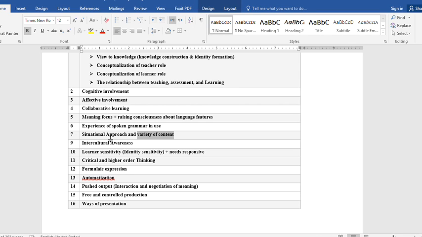The other one is intercultural awareness. Unfortunately, the point is this: what we are learning is a language through which we can communicate with the people around the world. The purpose is not to communicate only with native users of English. The purpose is to communicate globally.